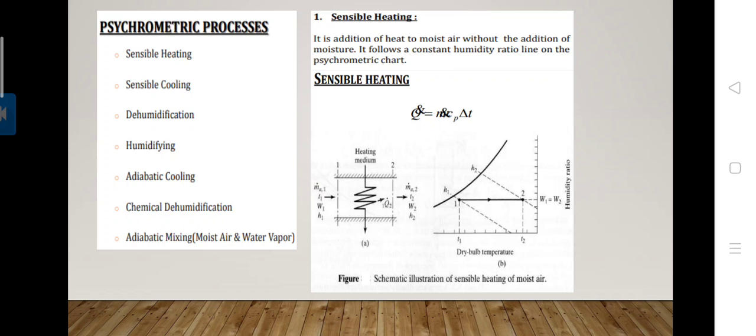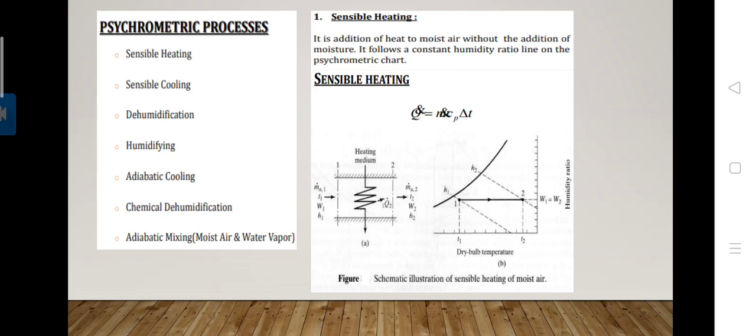Next, we see the psychrometric processes. In psychrometric processes there are many processes: heating, cooling, humidifying and dehumidifying, which take place in air conditioning and change the air from a condition represented by an initial state point on a psychrometric chart to some condition represented by another state point on the chart.